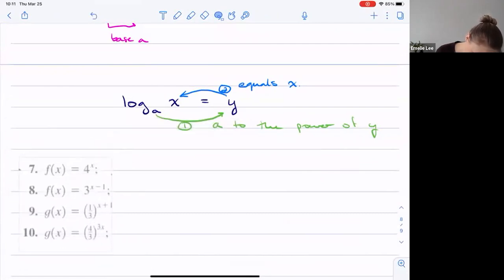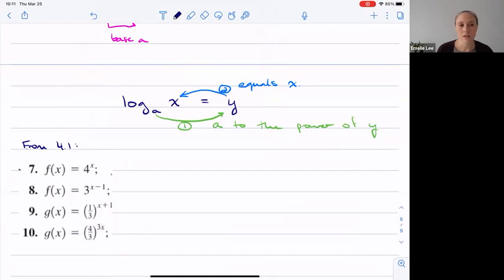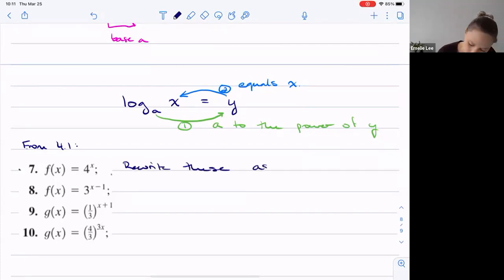This is from 4.1. Rewrite these as logarithms.